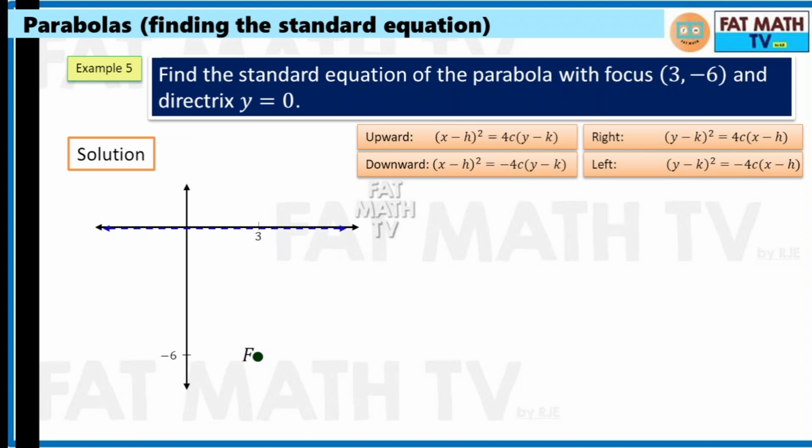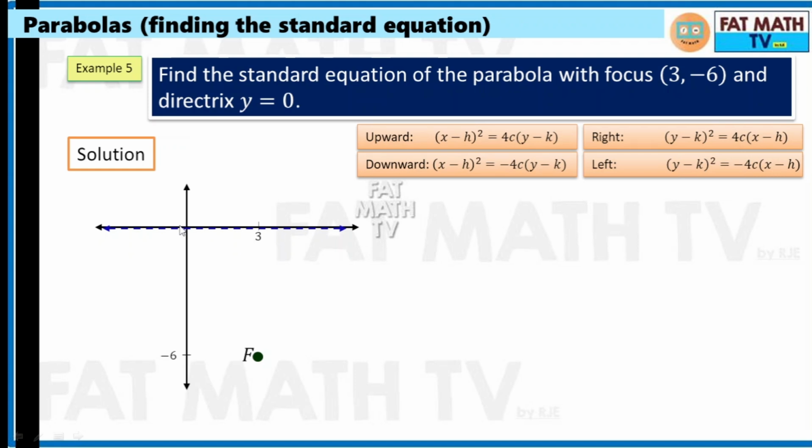And the vertex should be midway between the focus and the directrix because the distance from the vertex to the directrix or from the vertex to the focus should be the same, and that is equal to c. So the vertex is the point midway between the focus and the directrix. That's what you can see here.